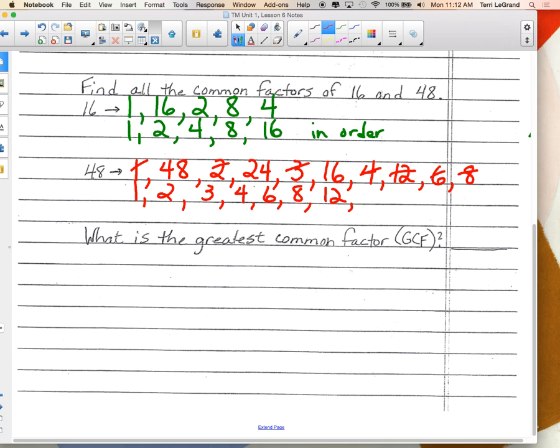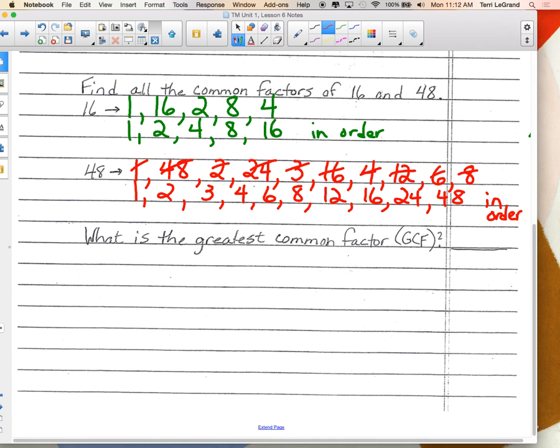Now 16, right? And then 24. And then finally 48. So there were 10 in our original list. We have 10 in our ordered list.